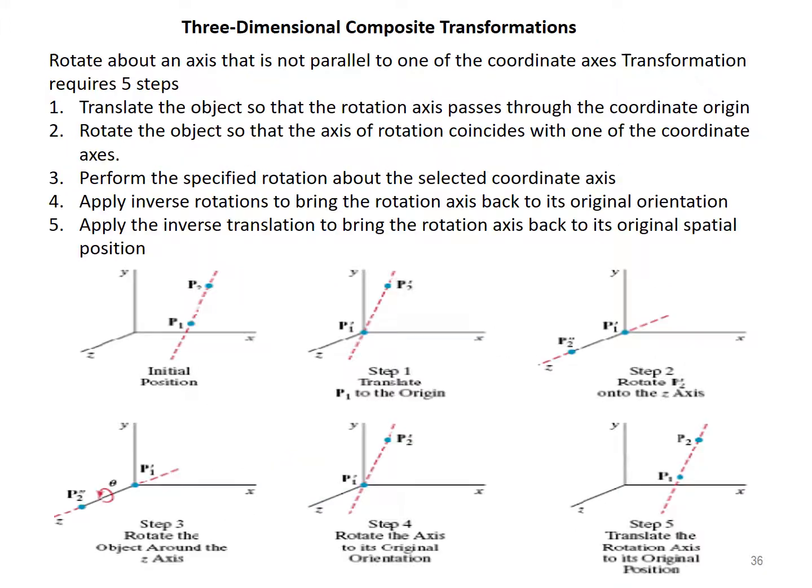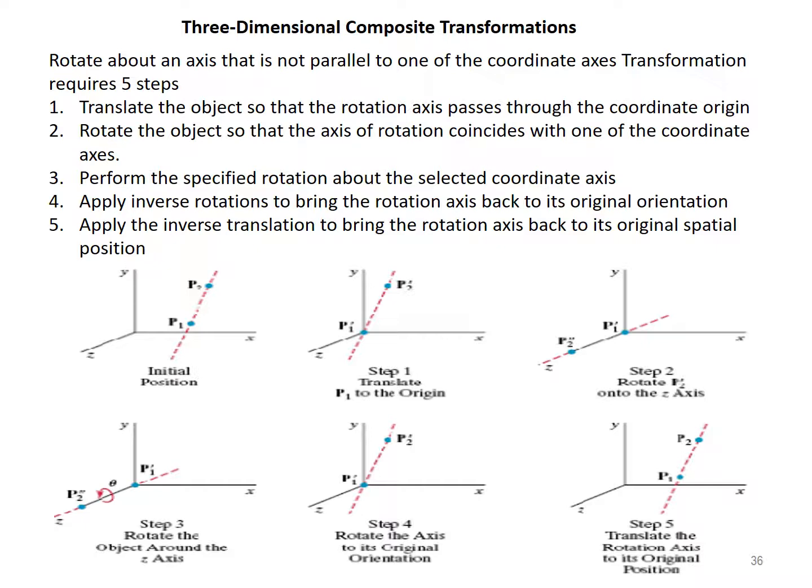position. Now let us consider another composite transformation in a three-dimensional plane, that is to rotate an object with respect to an axis that is not parallel to one of the coordinate axes. Then the series of transformations are: firstly, translate the object so that the rotation axis passes through the coordinate origin.